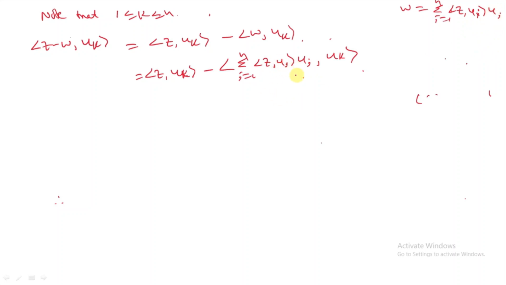Orthonormal set means, this is the same as Z comma UK; this is some number you can write outside: summation i equal to 1 to n of Z comma Ui times the inner product of Ui comma UK. Okay, the same as correct.